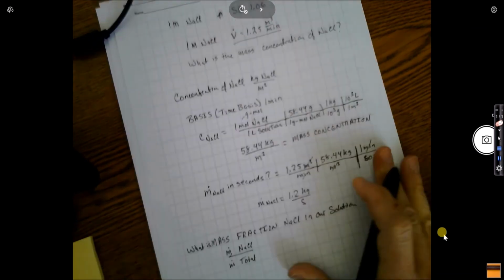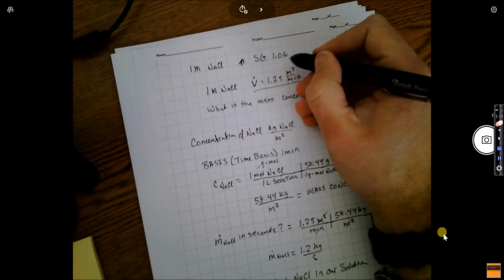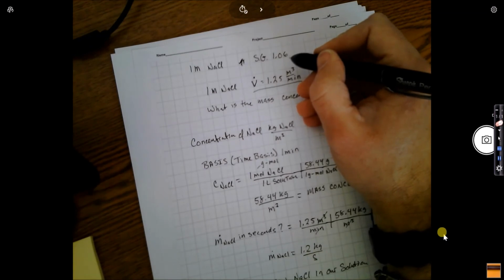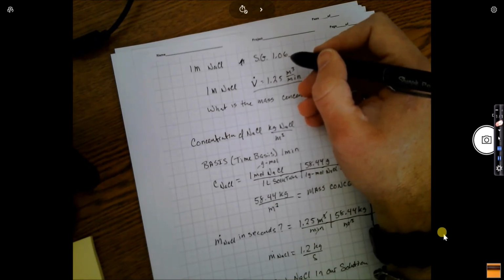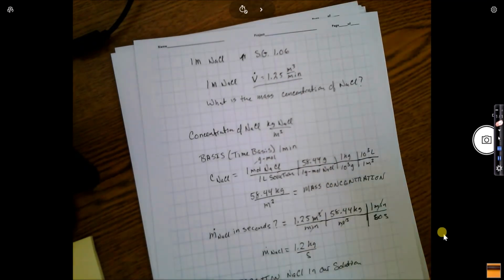Earlier we said the specific gravity was 1.06. If you remember from the activity we did in class, you get your density by multiplying the specific gravity times the density of a reference, and the reference is generally water. In this case, water is 1,000 kilograms per meters cubed.